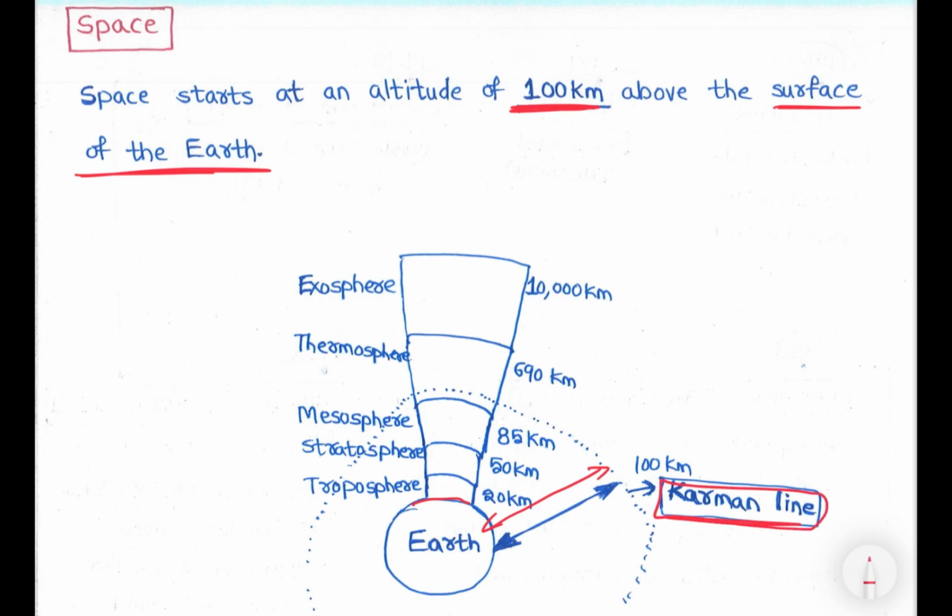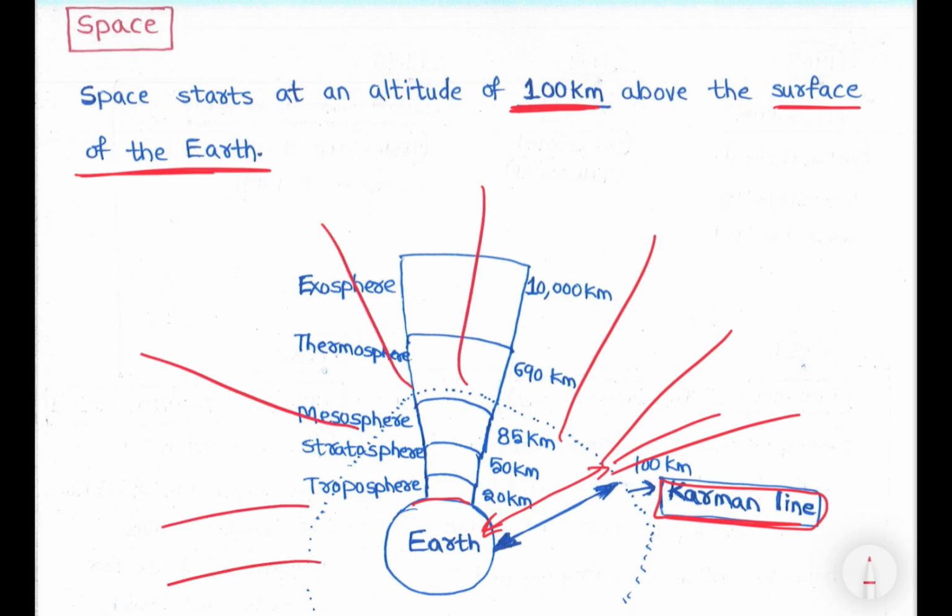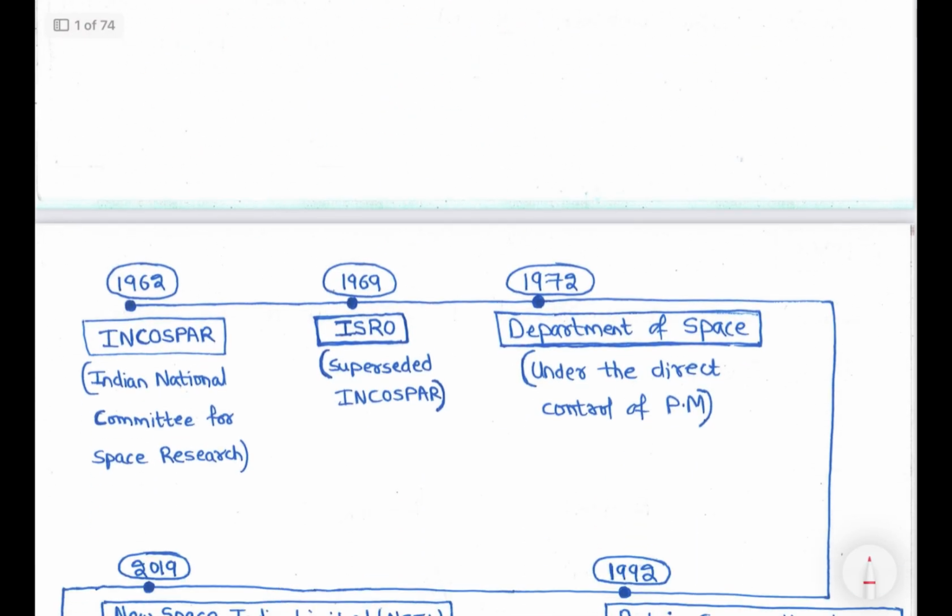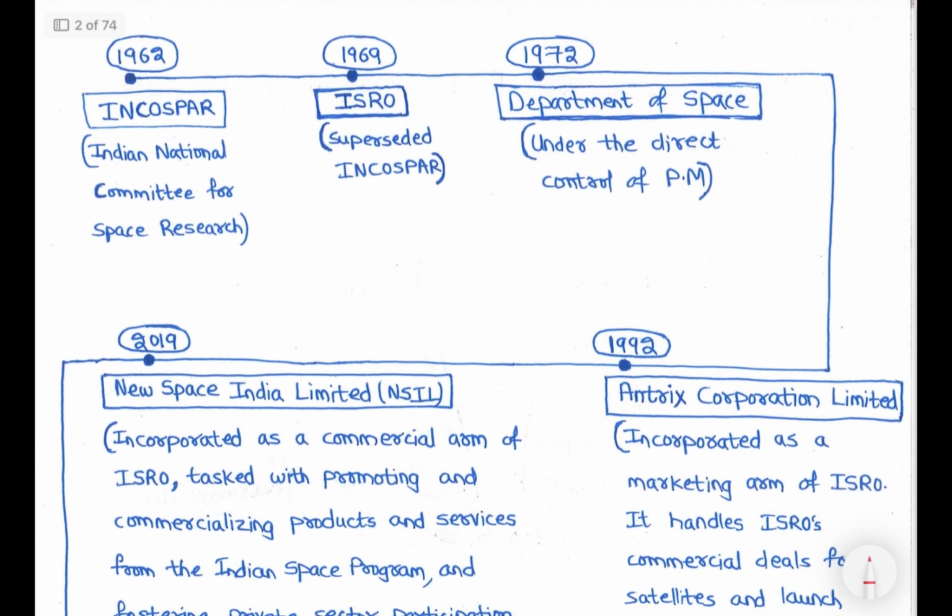Up to 100 kilometers we'll be considering it as atmosphere, and after 100 kilometers, rest everything is space. So that is space. Now let's start with space related institutions.